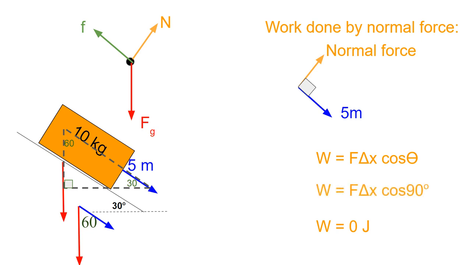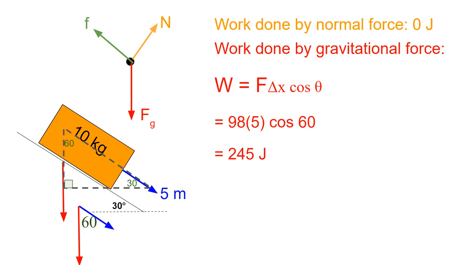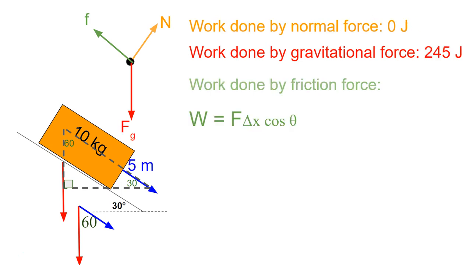Therefore, the work done by this force must be equal to 0. The work done by the gravitational force we've already calculated. So now we know the work done by the normal force is 0 joule. The work done by the gravitational force is 245 joule. And we only need to calculate the work done by the friction force.